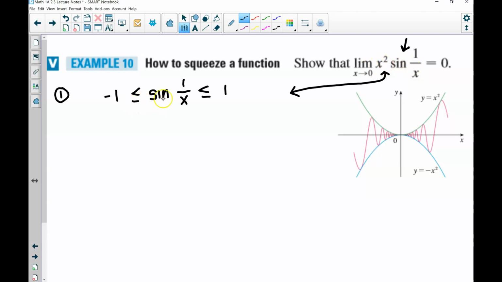So what we want to do now in step number 1 is, since we have three items in this compound inequality, multiply each side by x squared.